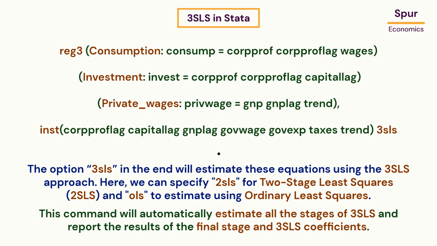The option 3SLS in the end will estimate these equations using the 3SLS approach. Here, we can specify 2SLS for 2-stage least squares and OLS to estimate using ordinary least squares. This command will automatically estimate all the stages of 3SLS and report the results of the final stage and 3SLS coefficients.